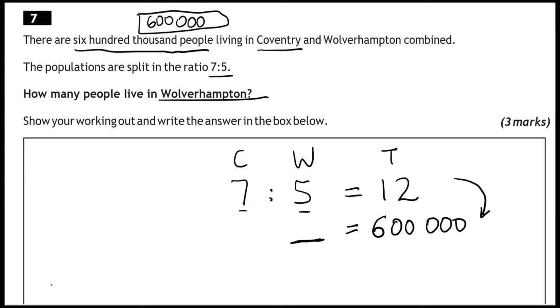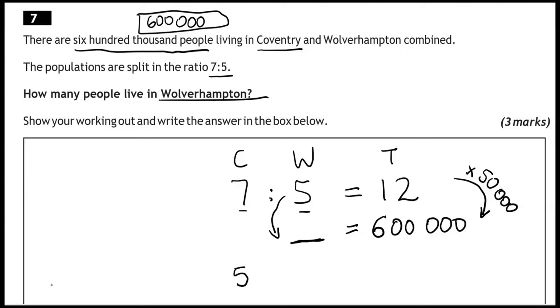To get from 12 to 600,000, what have we multiplied by? So I'm going to use the calculator to go 600,000 divided by 12, and it gives me 50,000. So each of the units has a value of 50,000. I'm interested in the 5, so I'm going to multiply it by 50,000.